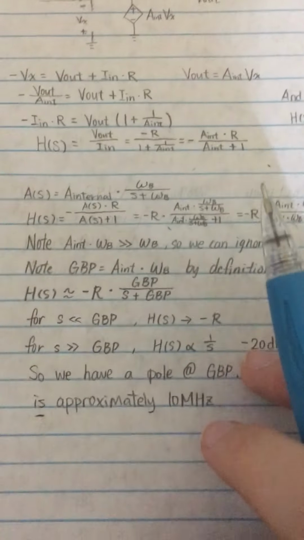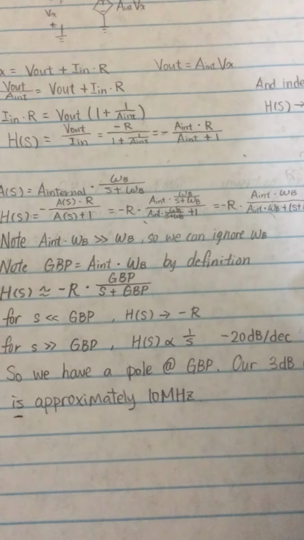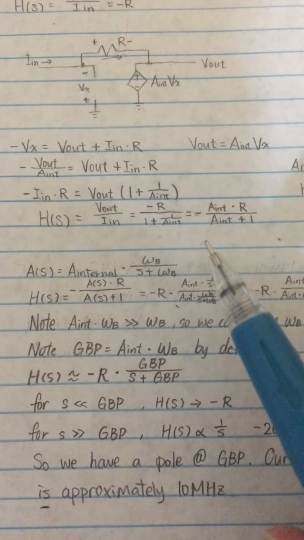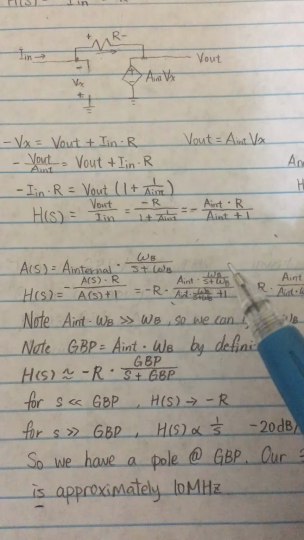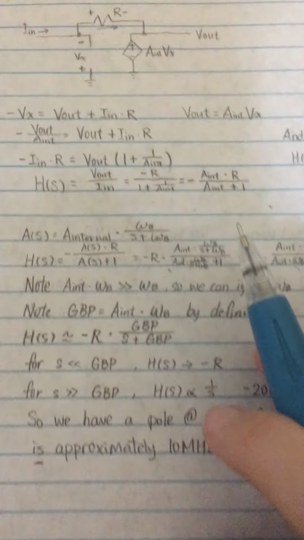So that means the gain will be significantly decreasing away from the passband gain if A int is close to or smaller than 1.